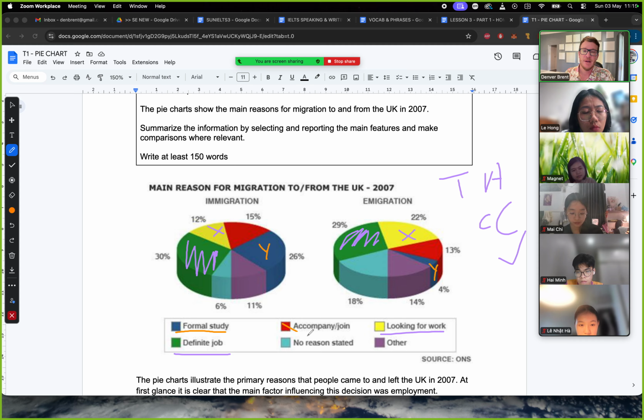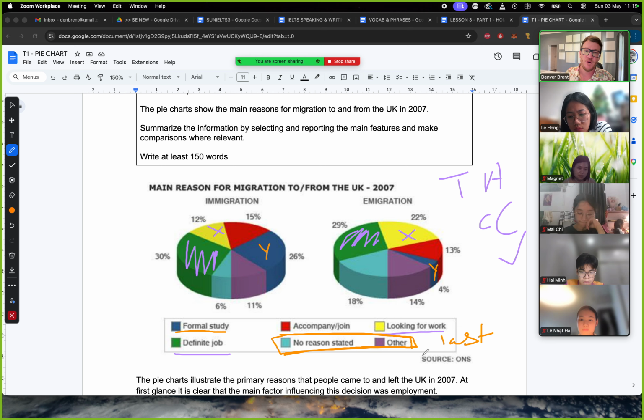And then generally no reason stated and other. When you see this, that's generally the last thing you write about. It's the least significant most of the time. Remember, if you're explaining to someone the reasons for people leaving the UK, you don't say the biggest group came to the UK because they didn't give a reason. It's not a factor that you would tell someone.